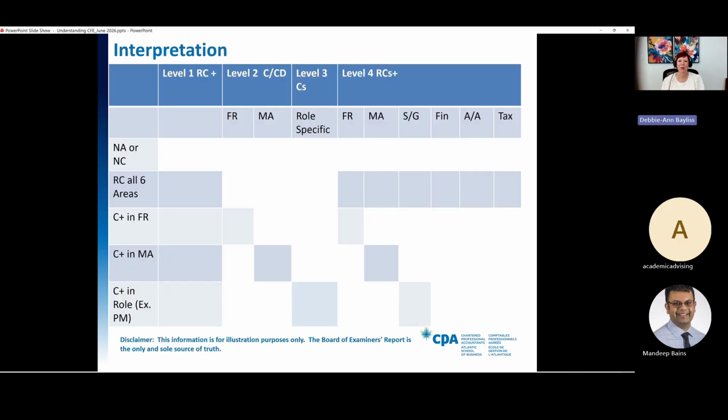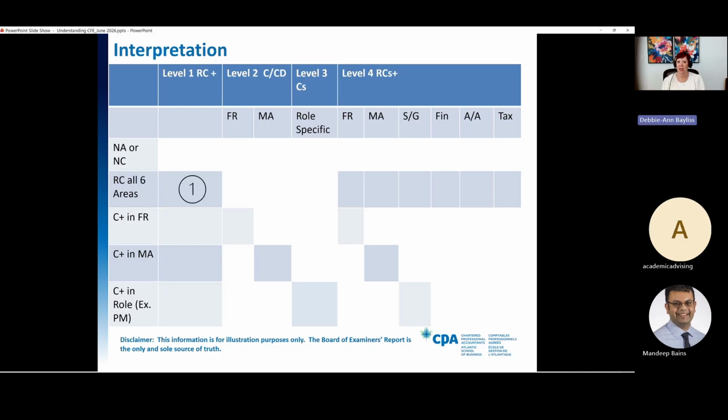So I wanted to create a visual that really gives you a great sense of the power of achieving competent responses. As we know, based on the interpretation, if you don't address an assessment opportunity or achieve a nominal competency rating, then that will not be counted towards any of the levels.